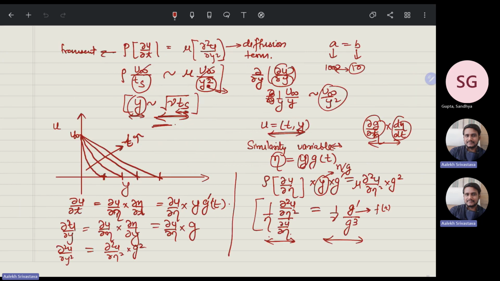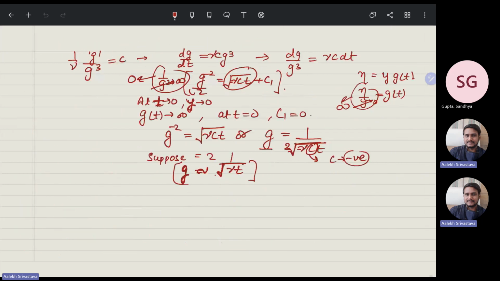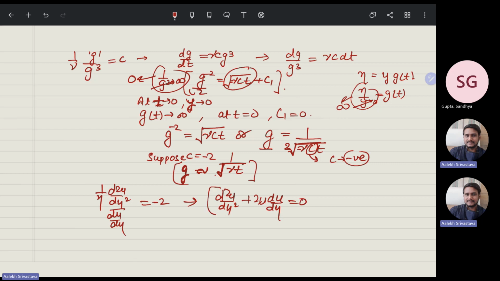So suppose now another term remains. 1 by n del 2 u by del eta square divided by del u by del eta is equal to, suppose I say minus 2 because I had taken c equal to minus 2. Therefore, del 2 u by del eta square plus 2u del u by del eta is equal to 0. So this is your other term.